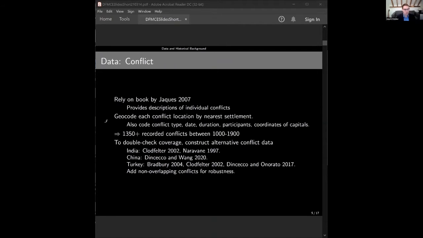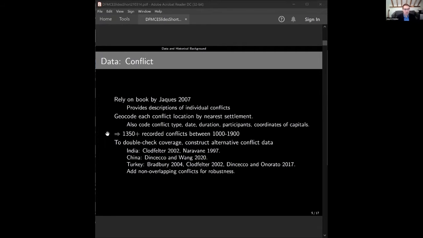We're also going to geocode a number of other characteristics on the basis of these encyclopedia entries, including the type of conflict, whether, say, it was a siege, when it happened, how long it lasted, who took part, and where the capitals are of those states, if they are states, and if they have capitals. That's going to give us a bit over 1,300 conflicts over the course of almost a millennium.